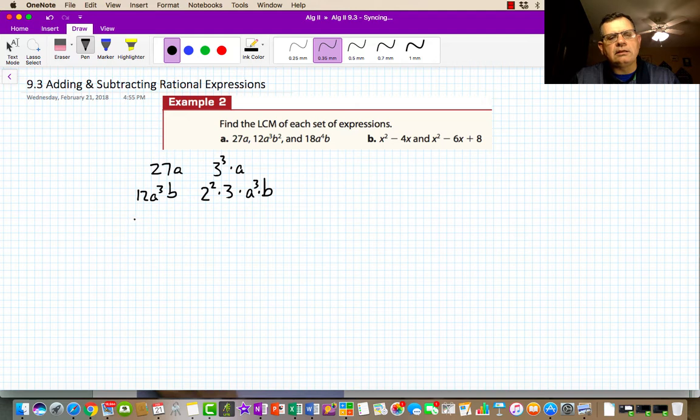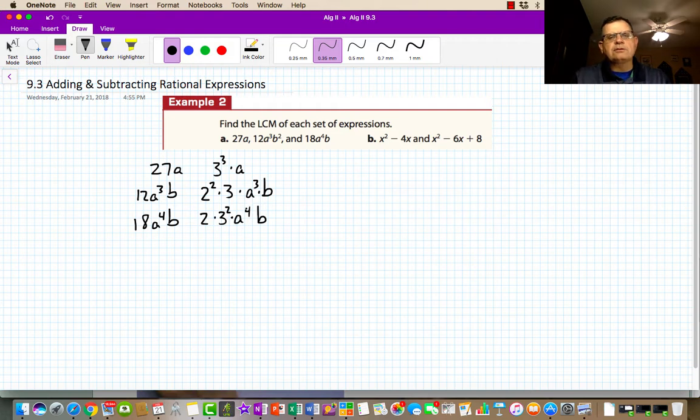And then 18a to the 4th b. So we factor 18 as 9 and 2, which is 2 times 3 squared times a to the 4th times b.